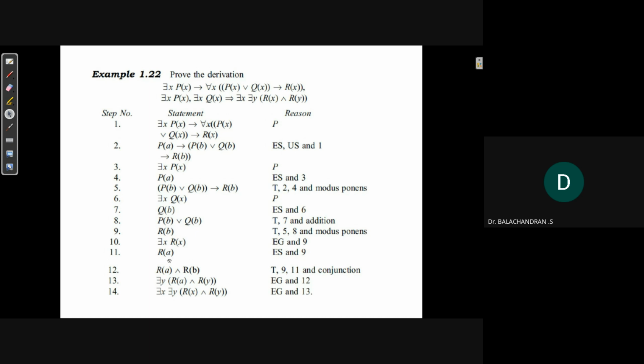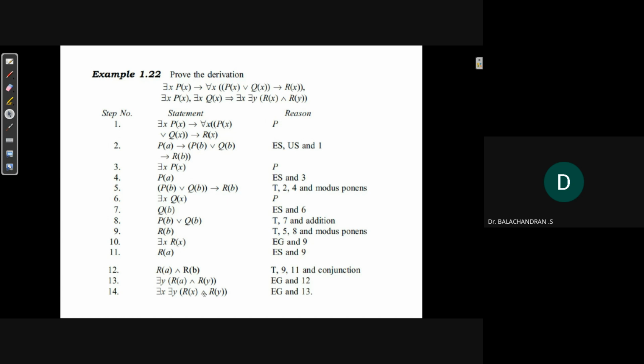So from 9 and 11, P comma Q implies P and Q. Now this I get from the combination of there exists. So first I fix A, and then I am varying B. So instead of B, I'll put Y. So there exists Y, R of A and R of Y. Now I am also varying A. So instead of A, I'll write R of X, there exists X. Already there exists Y is here.